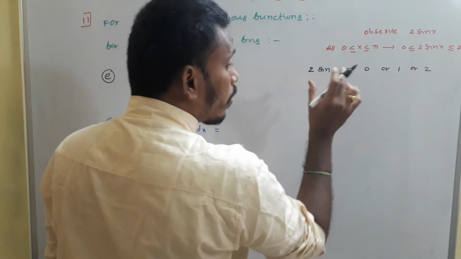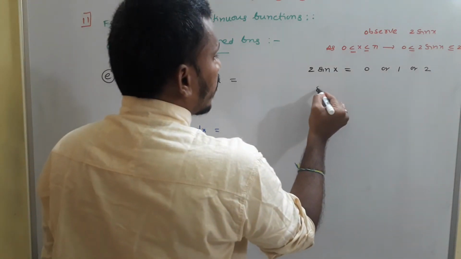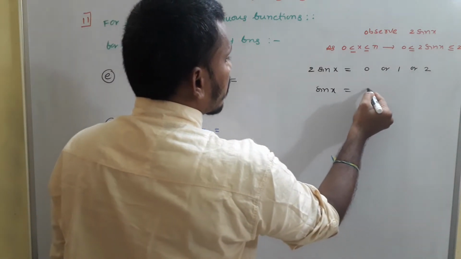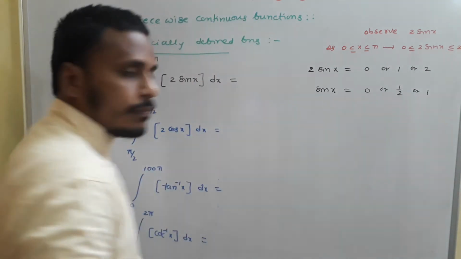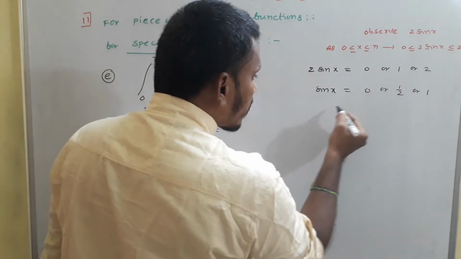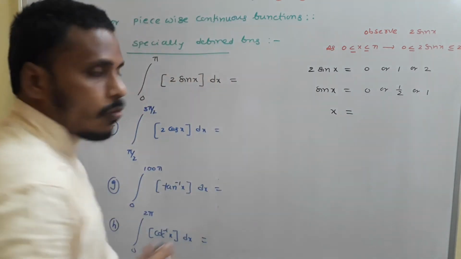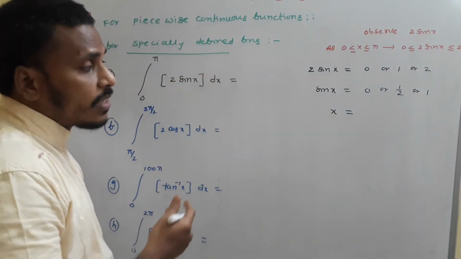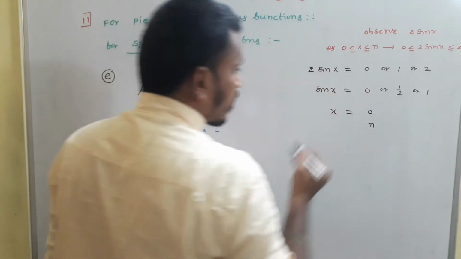Possible integral values. Then think about sin x. Sin x is equal to 0 by 2, then 1 by 2, and then 2 by 2. Since sin x is 0 or 1 by 2 or 1, you just think about x now. At what values of x is sin x 0? Sin x is 0 at x is 0 and at x is pi.